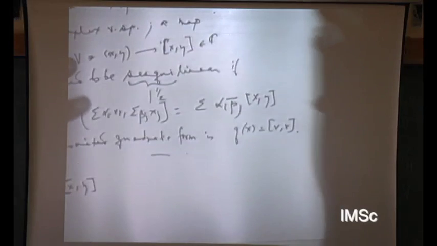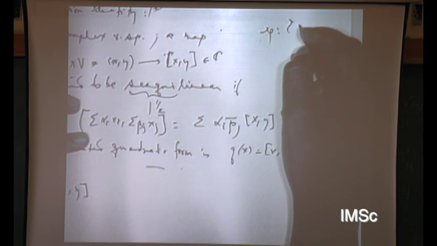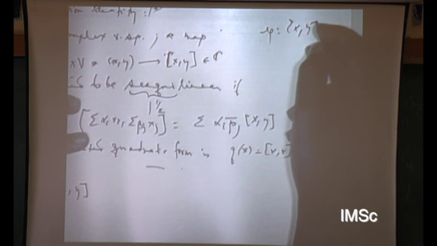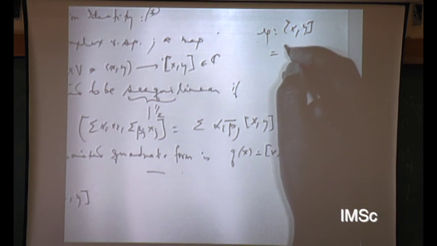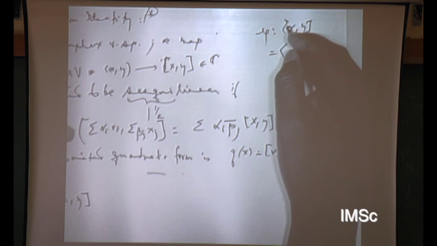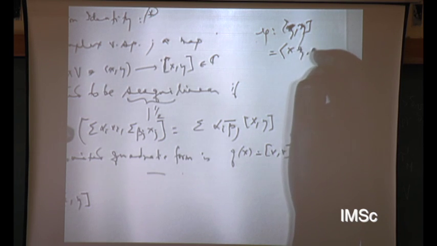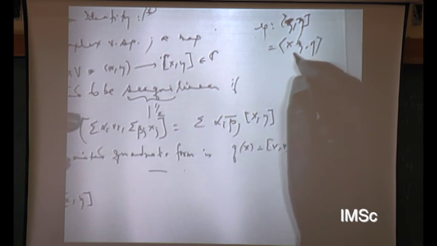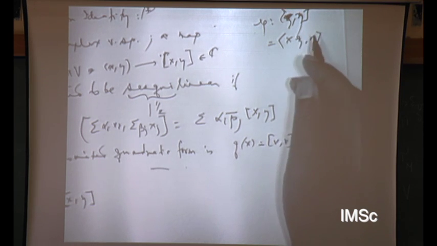See, typically I will use it for (xi, eta) equal to (x xi, eta), where x is a linear operator and xi, eta are vectors.